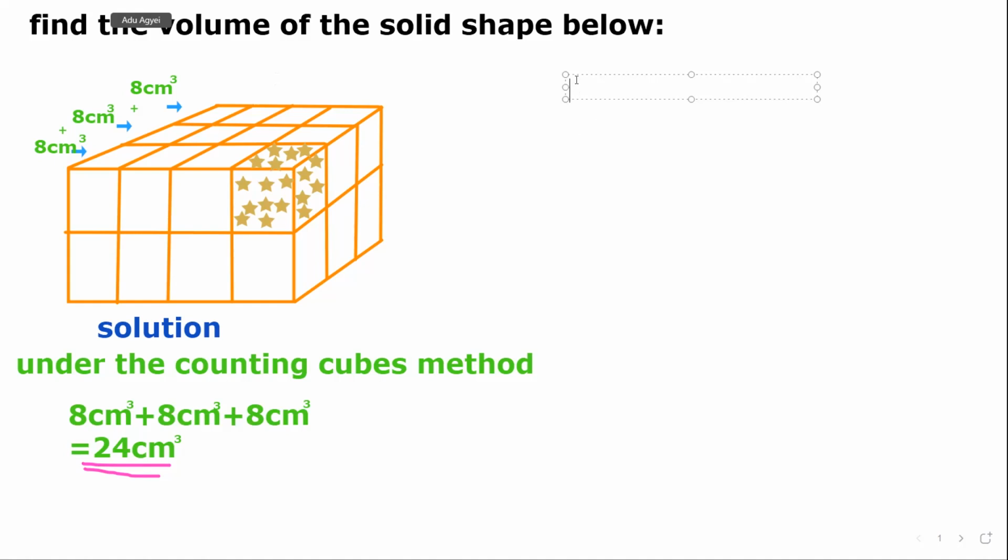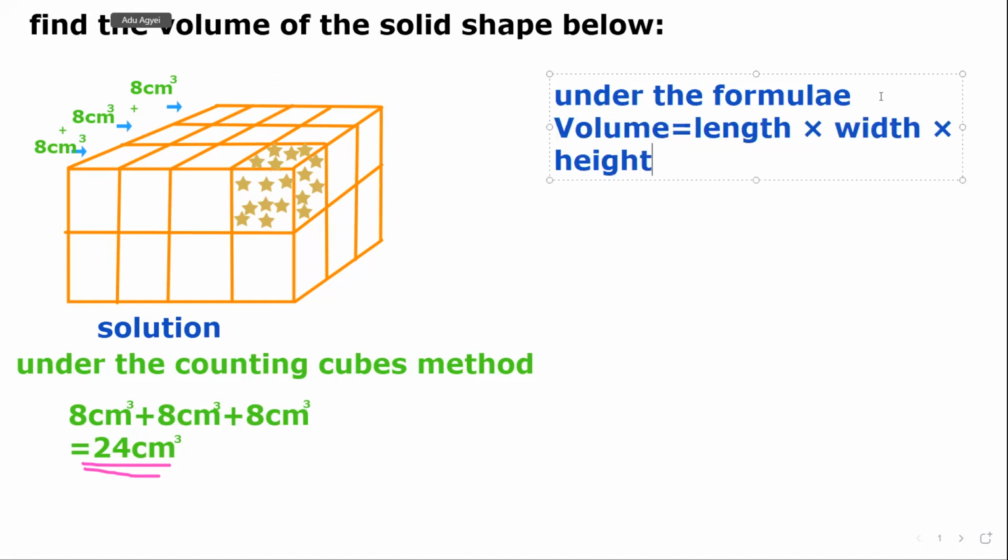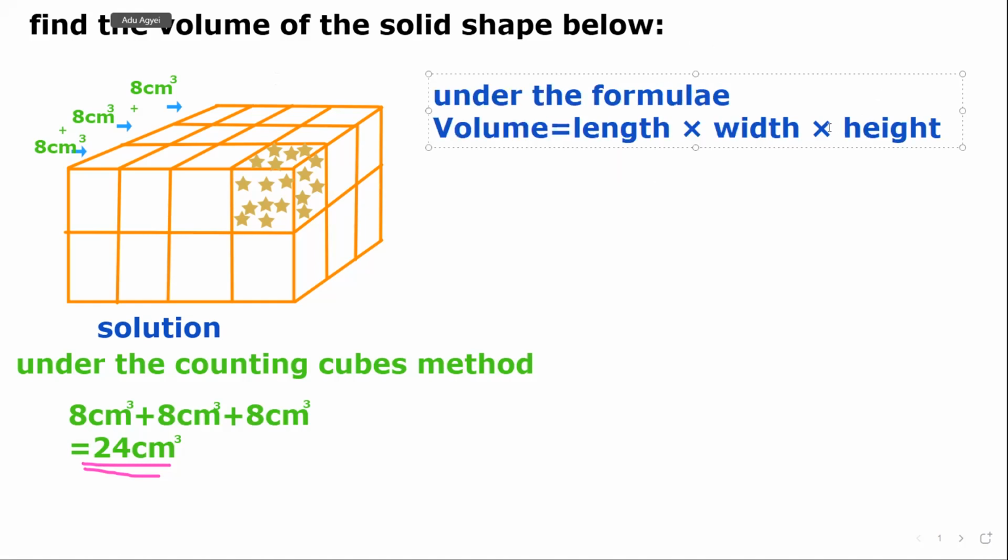So you write under the formula: volume is equal to length times width times height.